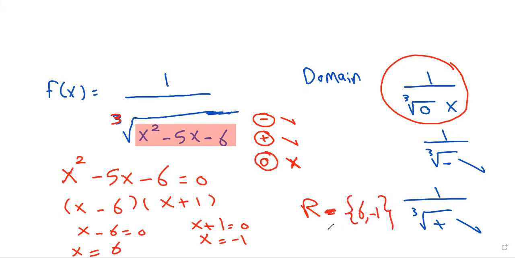Do you know why? Because 6 and minus 1, both of them make the denominator equal to 0, and we couldn't find the cubic root. We can find the cubic root of 0, but with 0 down in the denominator, we couldn't find it. It's meaningless. Okay?